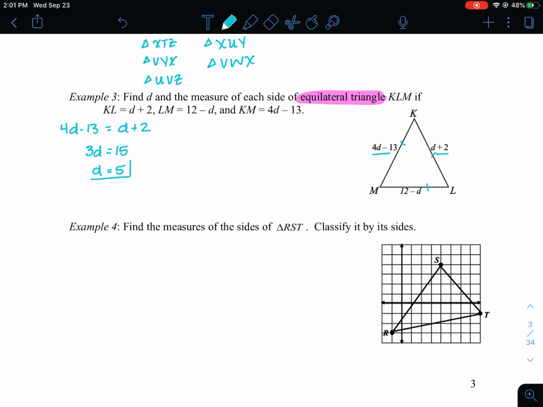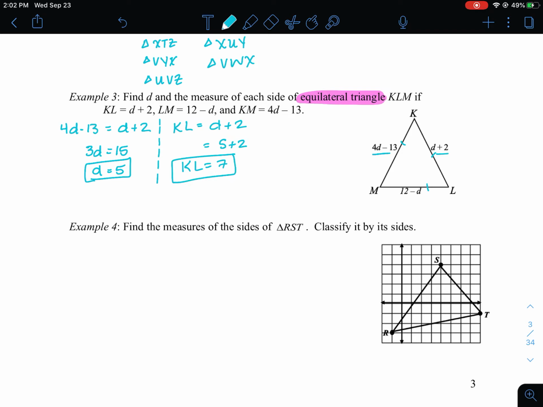All right, so we found D. Now we have to find the measure of each side, and they should all be the same. So say I do KL, because that is the easiest one. Well, that's D plus 2, which is 5 plus 2, so KL is 7.